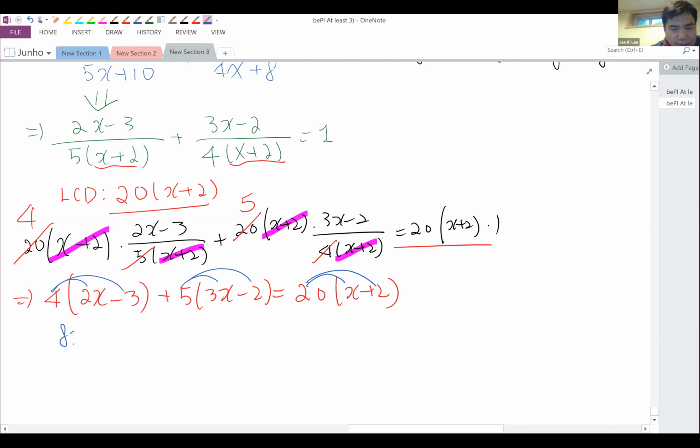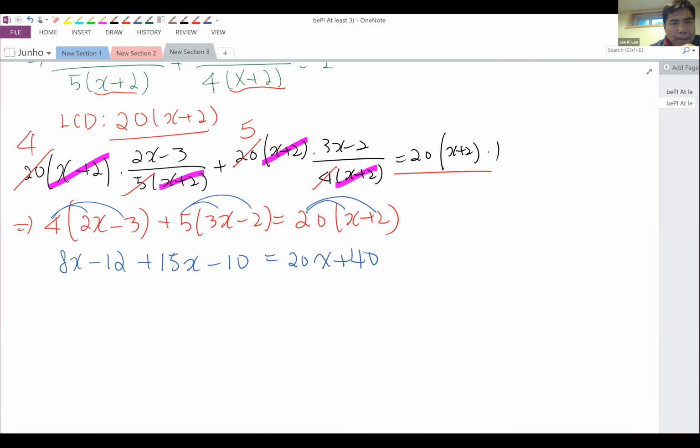Then 8x minus 12 plus 15x minus 10 equal to 20x plus 40. So I'm going to combine the like terms. Then what do you get? 23x minus 22 equal to 20x plus 40.